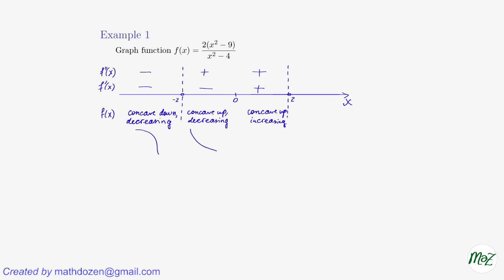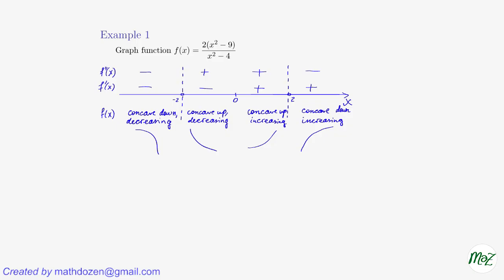That would be the other half of the U-shape. And to the right of 2, the first derivative is positive and the second derivative is negative. So the function is concave down and increasing. That makes it into the left side of the upside down U-shape.